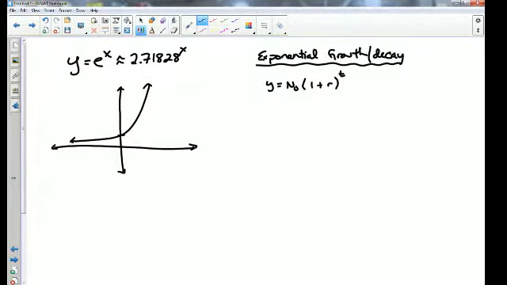Based on the percent rate of growth or decay, right? Okay. We can put this in terms of E. Right, so this is exponential growth or decay in terms of E.